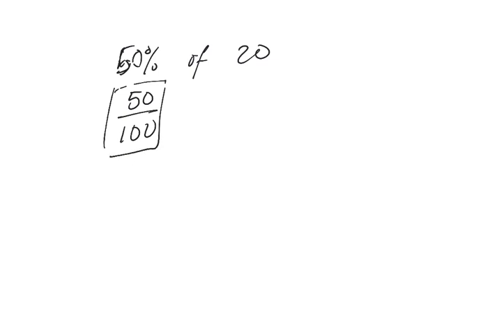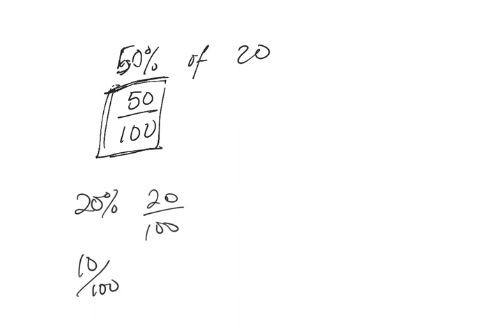50% of 20 would simply be writing the 50 over 100 as we've done before. Remember, whenever it says something percent, like 20% would be 20 over 100. 10% would be 10 over 100. So 50% of 20 would be 50 over 100 times 20 over 1.